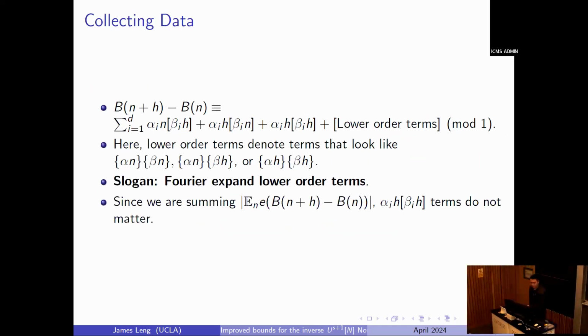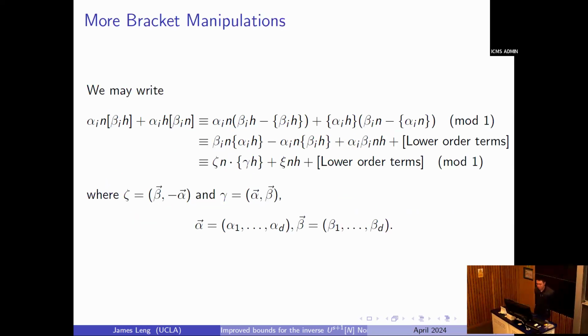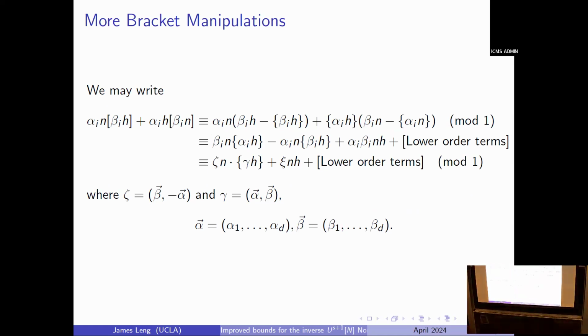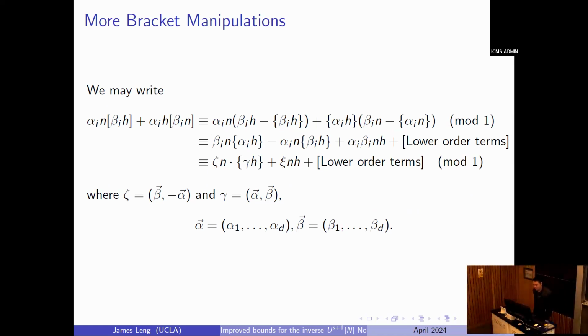Right. So first, because we're taking absolute value, the e of alpha h bracket beta h terms don't matter. They don't depend on n, so we could just discard all of them. And so what you do is you take your bracket polynomial. What you want to do is write it as basically a linear phase in n plus a bunch of lower order terms.